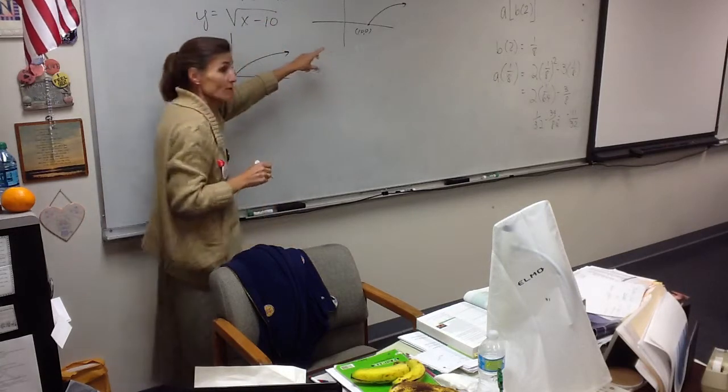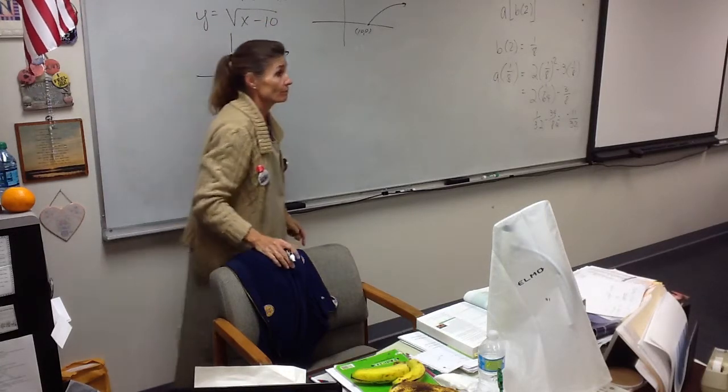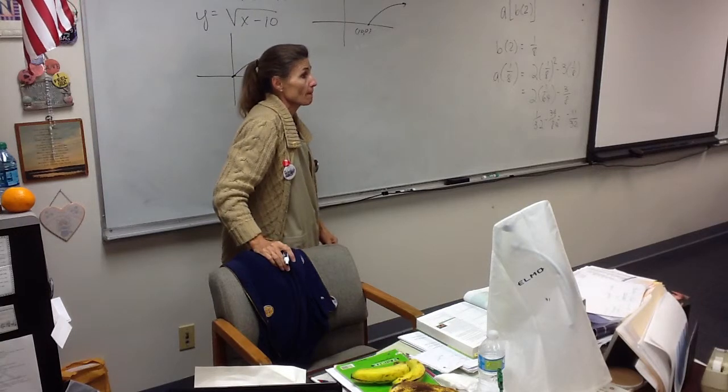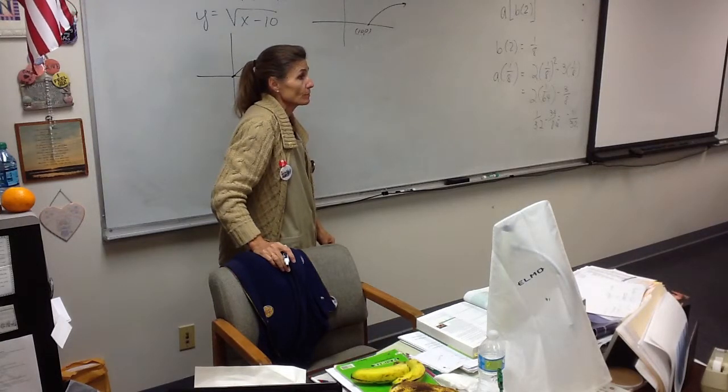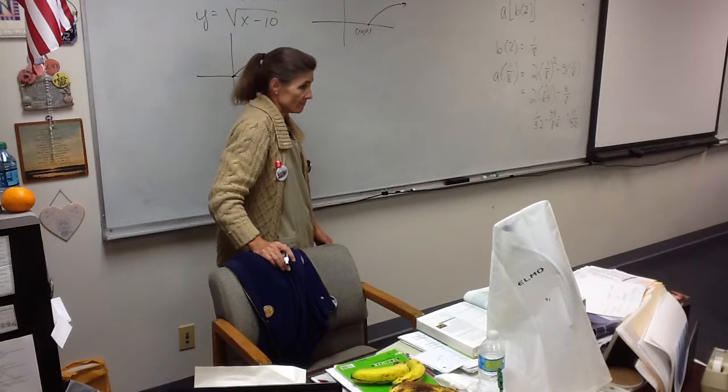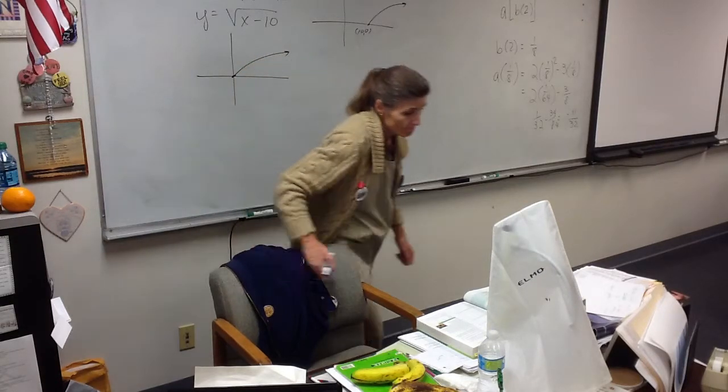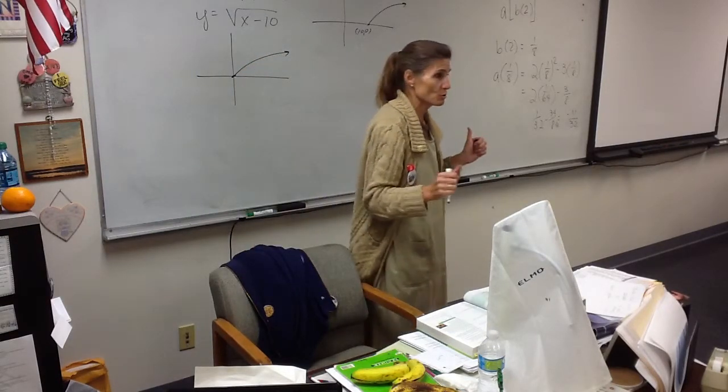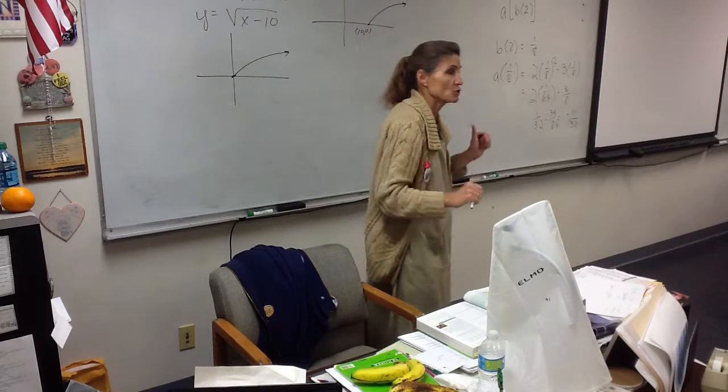But since you have a graph, you can use that too. It's just not symmetric over the y-axis. Even, it's not like numbers where you're either even or odd. Functions can be either.